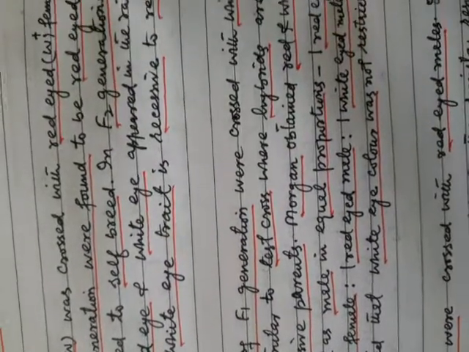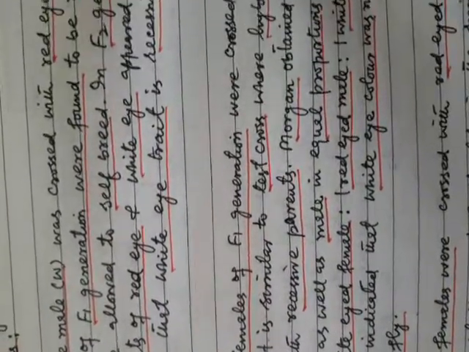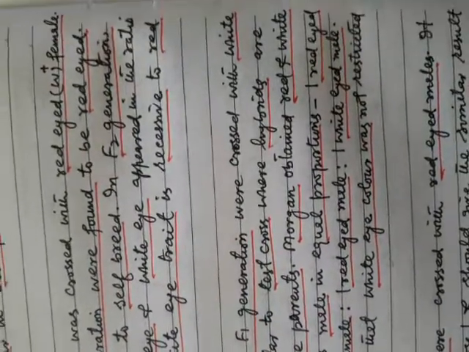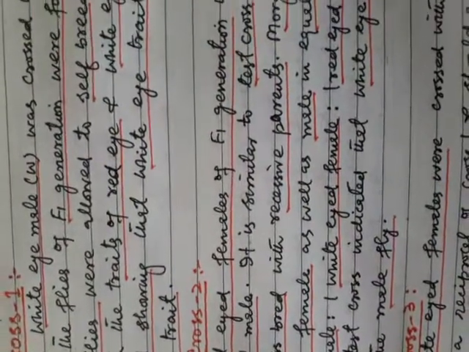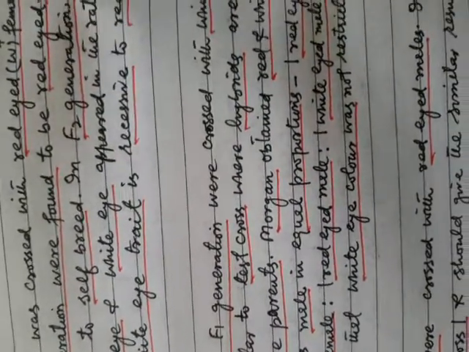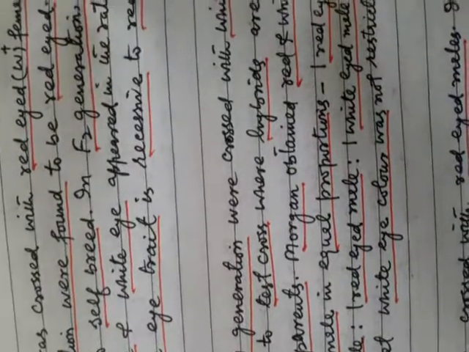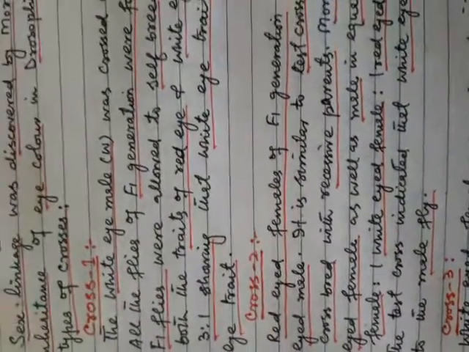Morgan obtained red and white eyed females as well as males in equal proportions. That is, one red eyed female, one white eyed female, one red eyed male, one white eyed male. The test cross indicated that white eye color was not restricted to the male fly.